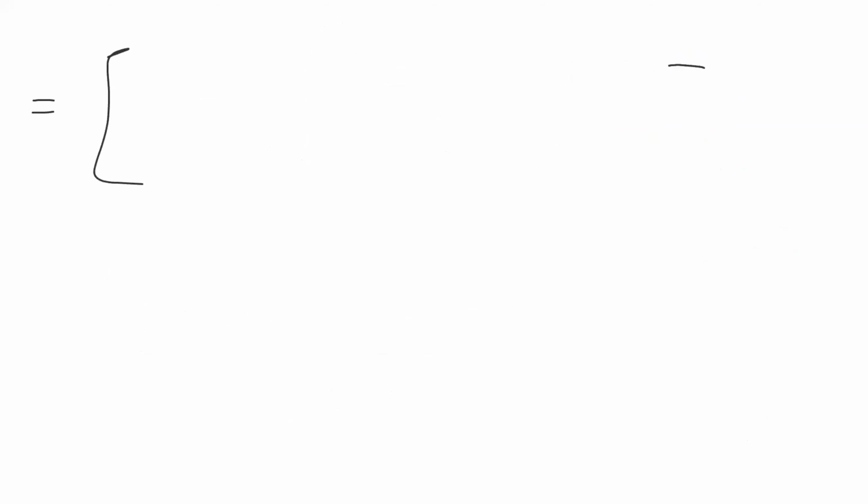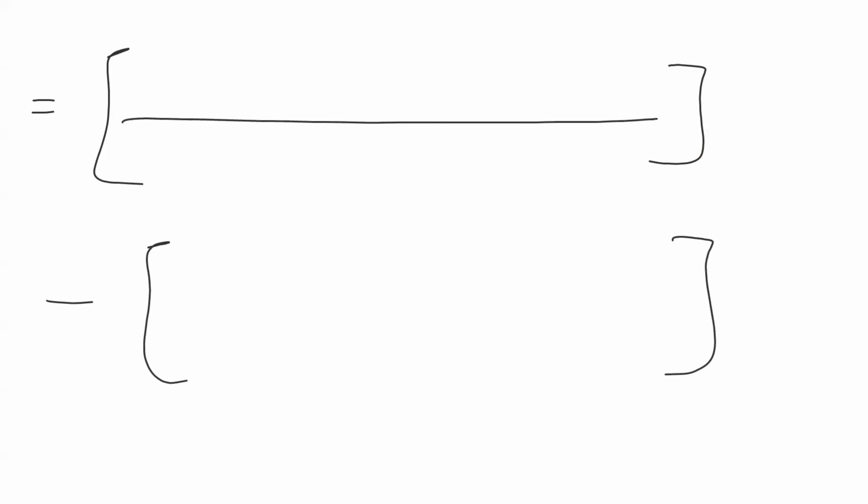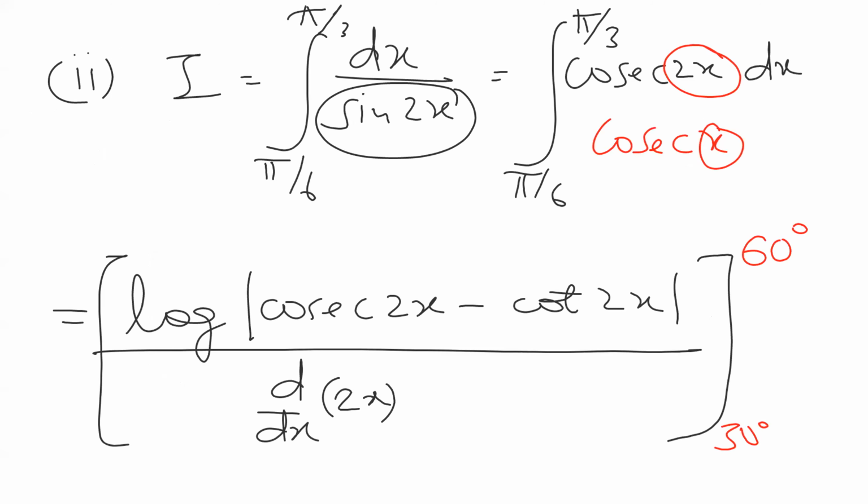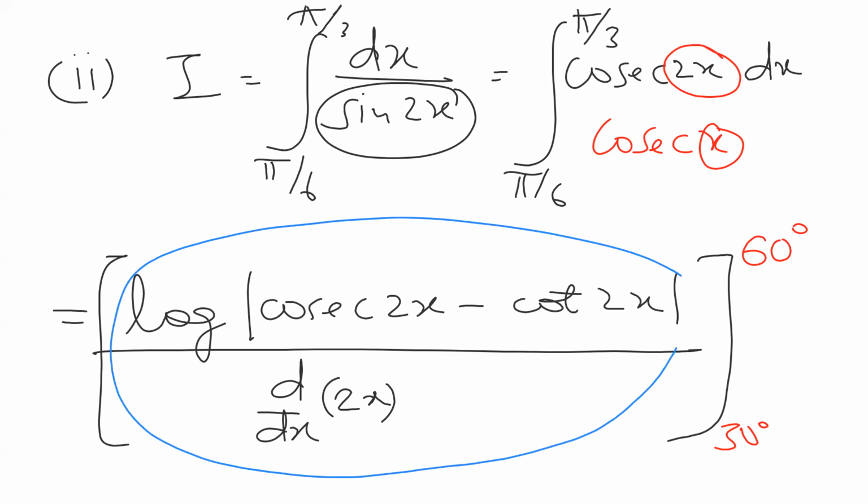Box minus box. So in the first box, I'll write everything the same except wherever there is x, I'm going to put 60 degrees.